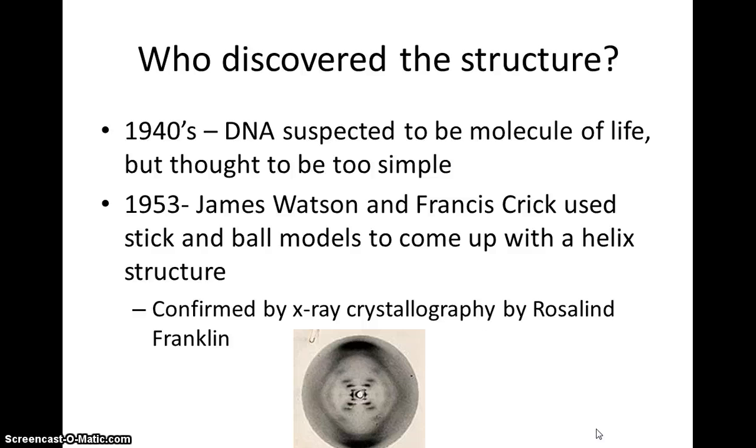Actually, prior to this point, a lot of people thought it was more likely that protein was going to be the molecule of life that maintained life, because DNA just was too simple. It had just these 4 bases, and it was awfully simple. But people really thought this might be it. So a lot of scientists around this time were very interested in trying to figure out the structure of DNA.